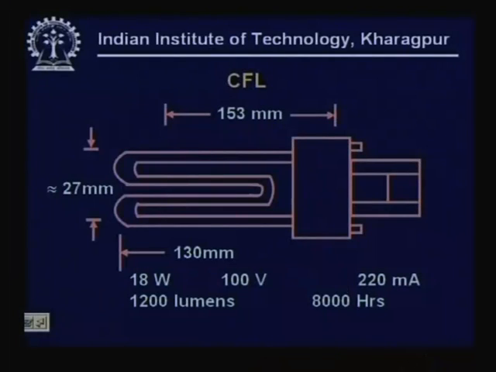So, to get that kind of a length, you have spirals placed. We have seen, all of us have seen, and this is known to have about 8000 hours of burning life with 1200 lumens output. All the dimensions are given. As you can see, this fits into the standard bulb holder.